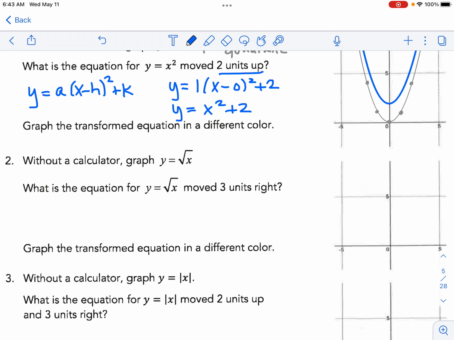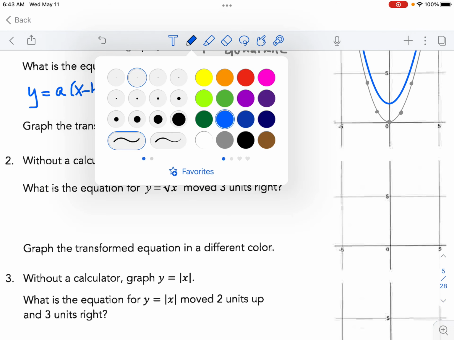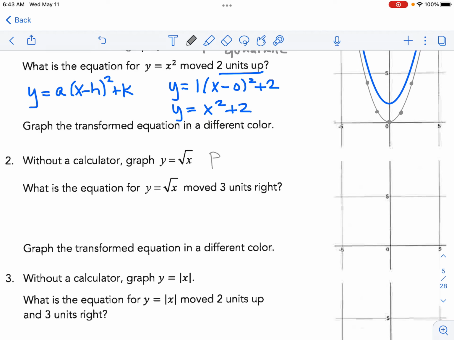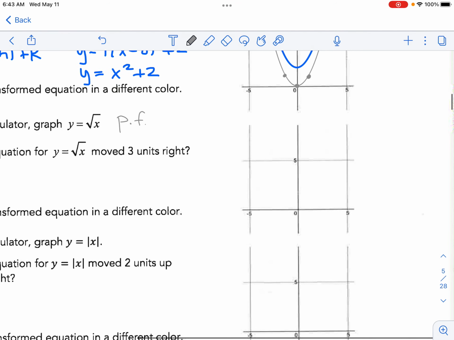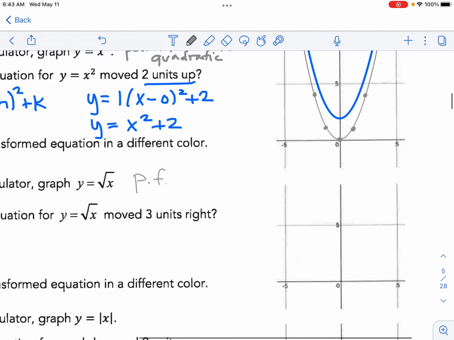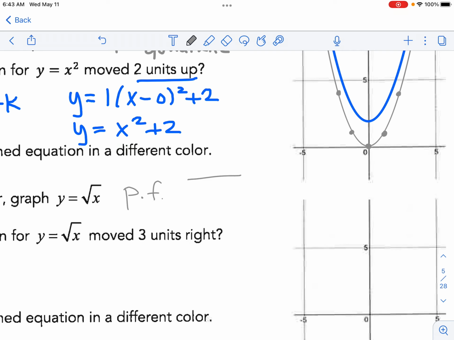So now if we go back to gray, our parent function, I'm just going to call it PF, right? Our parent function for a square root is y equals the square root of x. So if we think about that, let's just do a little table here. If x is 0, the square root of 0 is 0. And now we pick special values of x. 1 is easy to square root, that's 1. 2 isn't, 3 isn't, but 4 is.